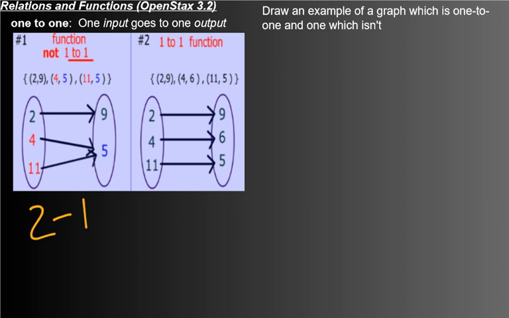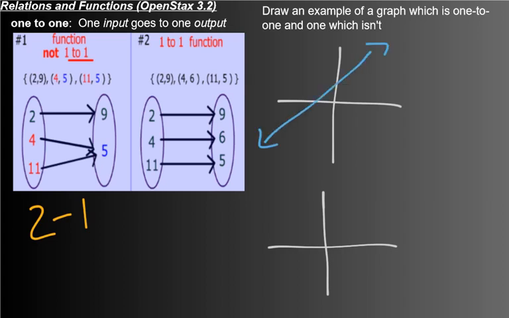And over here, I'll draw an example, or 2 examples, I guess. So something that is 1-to-1 is something you study a lot in Algebra 1, and it's a line. Specifically, diagonal lines. If you do a horizontal or a vertical line, it's not going to be 1-to-1.